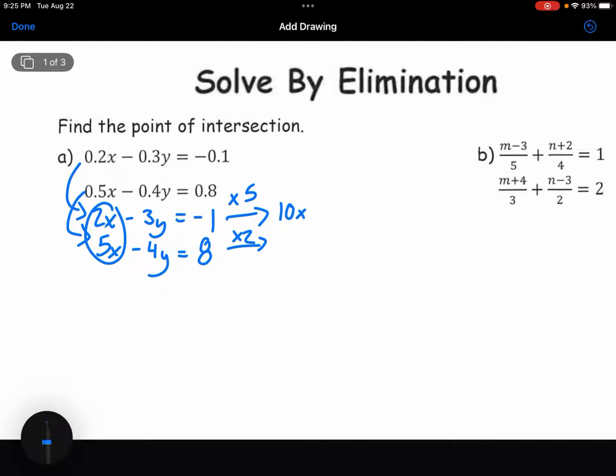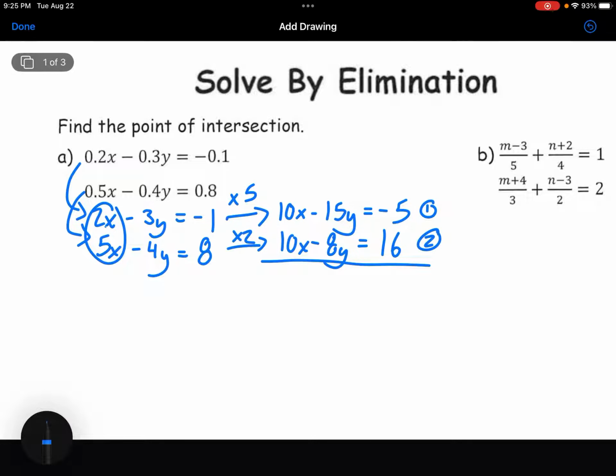This is going to be then 10x minus 15y equals negative 5. Multiply everything by 5. And then down here, I'm going to get 10x minus 8y equals 16. Multiply everything by 2. We get 1 and 2.